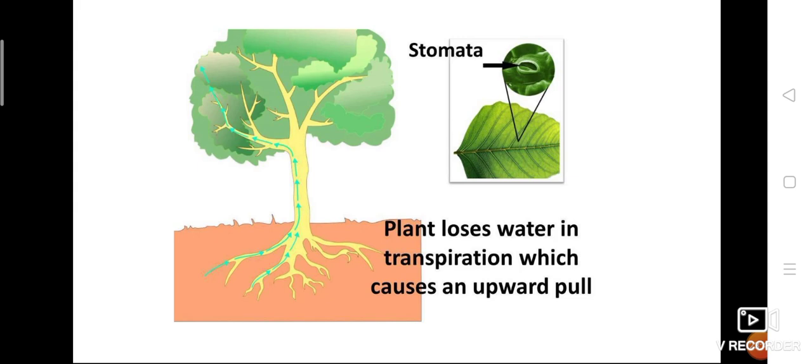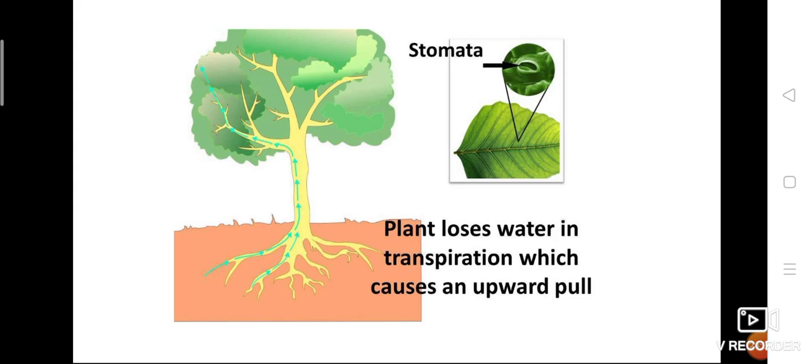The excess water is lost by the process of evaporation with the help of stomata present on the leaves, and the force which pulls the water from the roots to all parts of the plant is called transpiration pull.